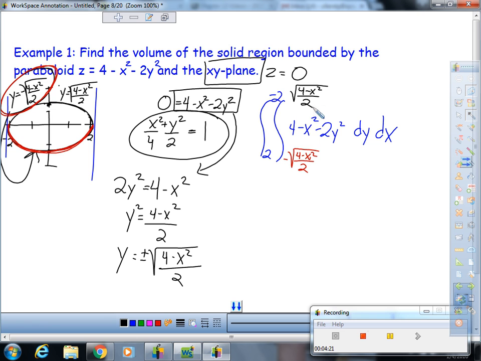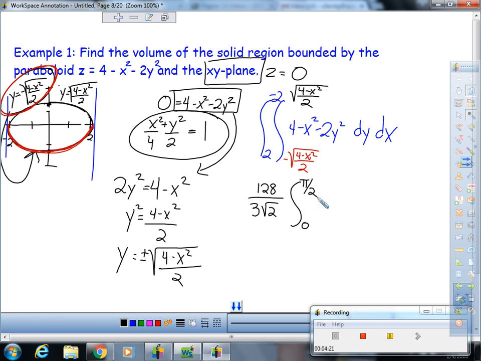Now at this point you could just pop that right into your 84, or maybe you'll get to a point where you've used some x substitution and you've got something that looks like this: 128 over 3 radical 2 times the integral from 0 to pi over 2.